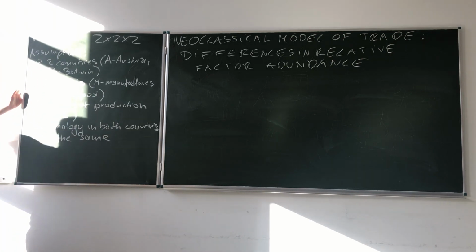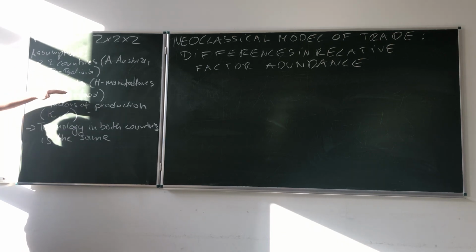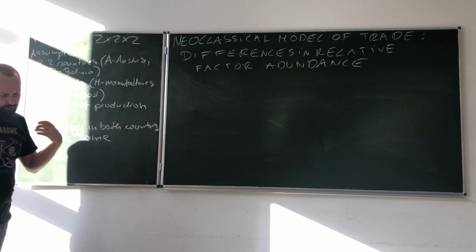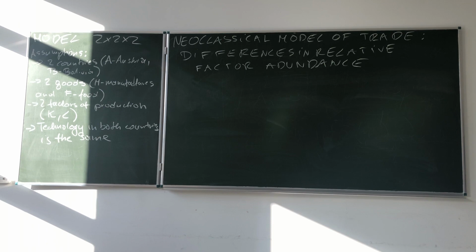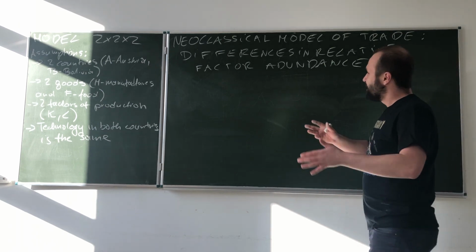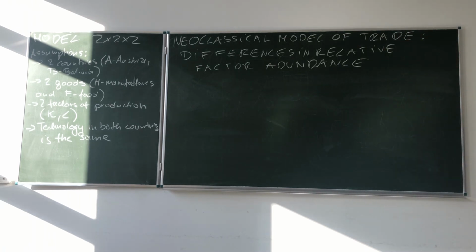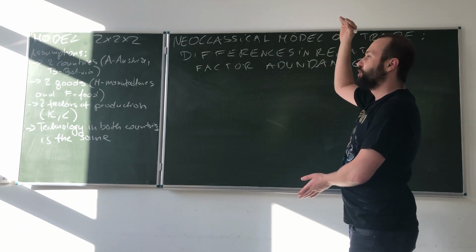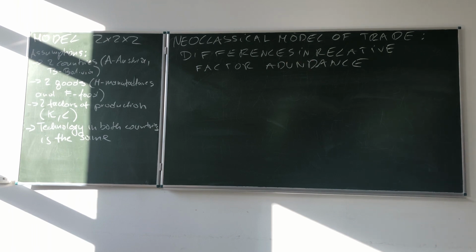Of course, later on we will add an additional assumption that the technology of production of manufacturers and food will be different. And of course, I don't think anybody would expect that the technology used to produce manufacturers will be similar to the one that produces food. But we are going to assume that production of manufacturing in Austria and Bolivia uses the same technology, and production of food in Bolivia and Austria uses the same technology.